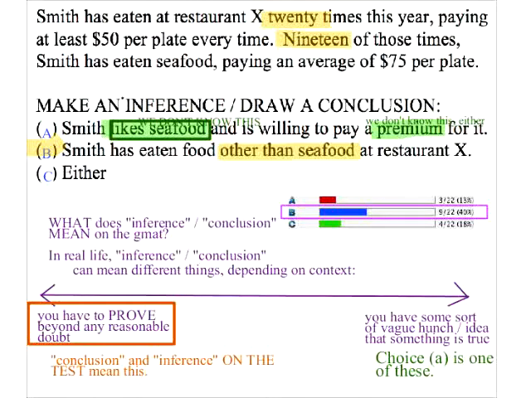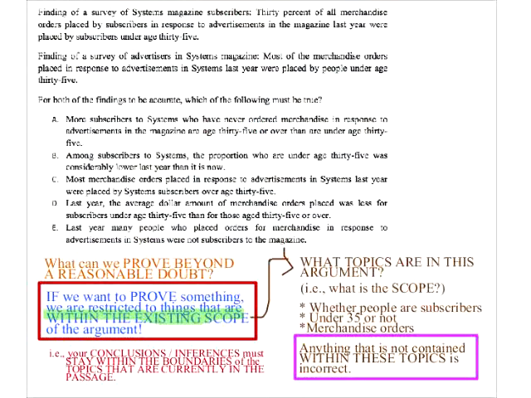And premium, because we're just talking about an overall average, is also outside the scope. So on this question type, you can eliminate things that are outside the scope of the passage. Let's take a look. Average dollar amount: out of scope.